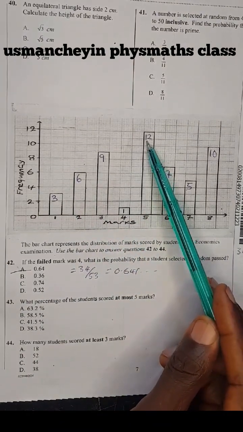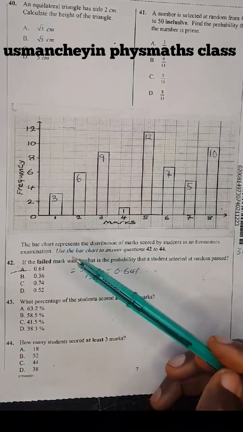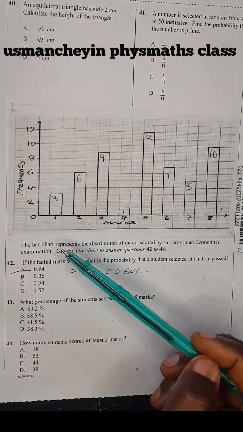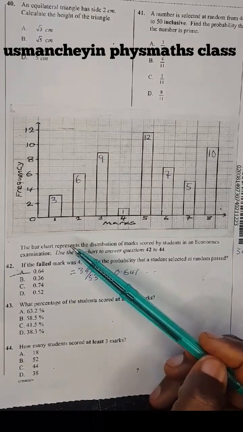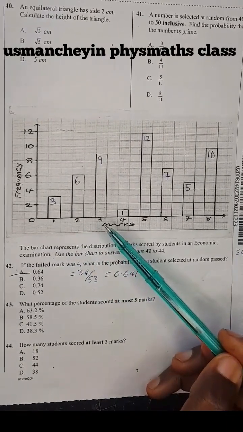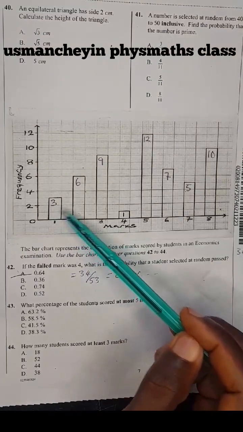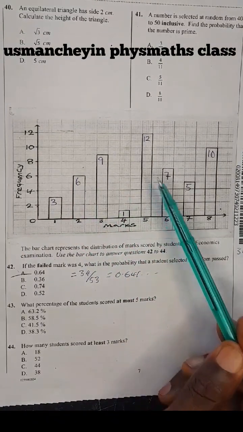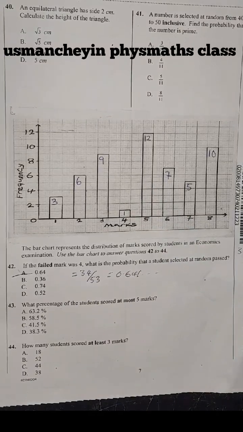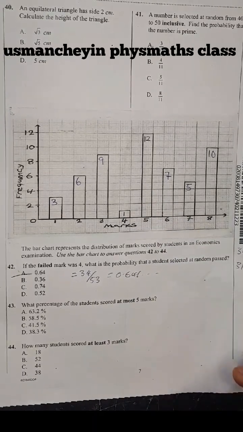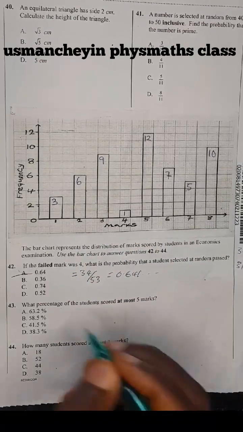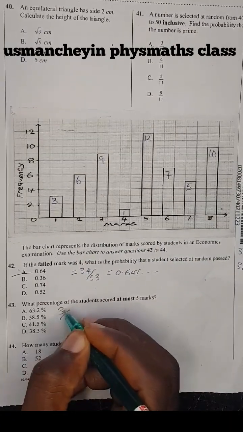So we need the total number of these students, so we have to add them. That is 3 plus 6 plus 9 plus 1 plus 12, and that is going to give us 31.